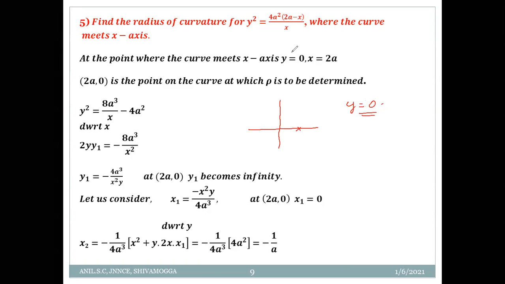Since y is equal to 0, y square is equal to 4a square into 2a minus x divided by x. Since y is equal to 0, y square is 0. 0 into anything is 0. Therefore, 4a square into 2a minus x is equal to 0.